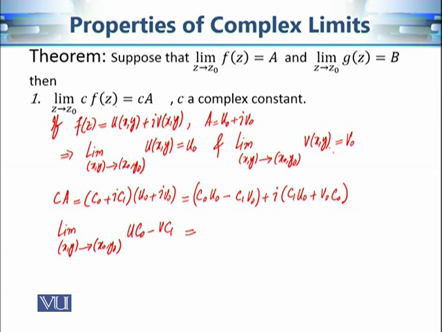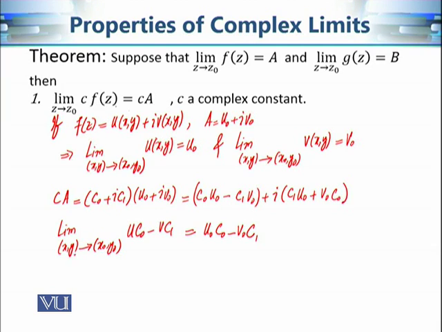So using these two limits, we can easily calculate that this is equal to u naught c naught minus v naught c1. Here c naught and c1 are constants, and u and v are real valued functions. Using the properties of the limits of real valued functions, which we just discussed in this session, we can easily calculate that this is equal to u naught c naught minus v naught c1.